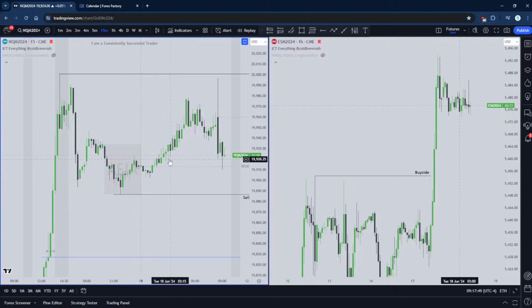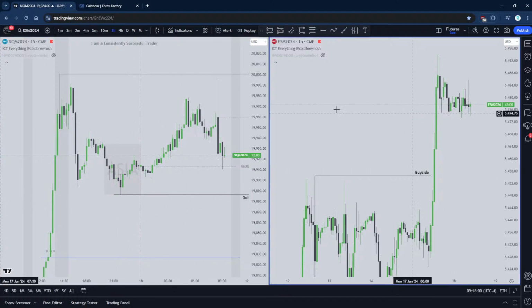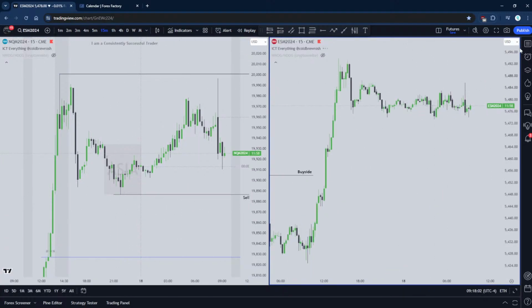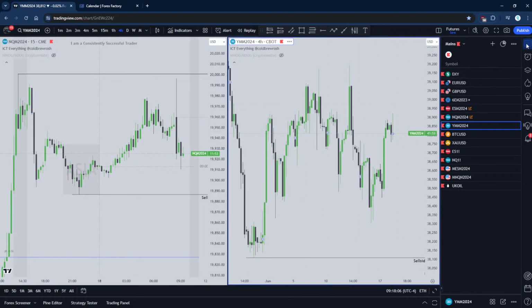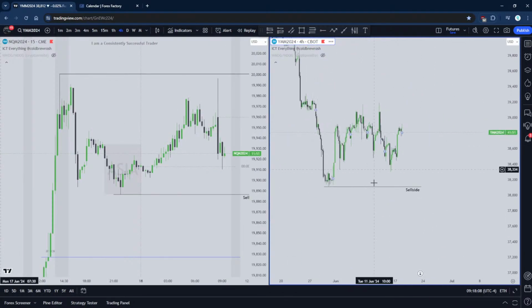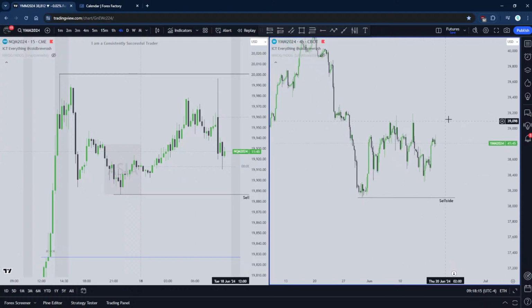I mean, London lows is here, so technically it did get swept, but we're gonna look at that 1 o'clock and that midnight low. Let's just look at our higher time frame on YM also. Okay. This is interesting.